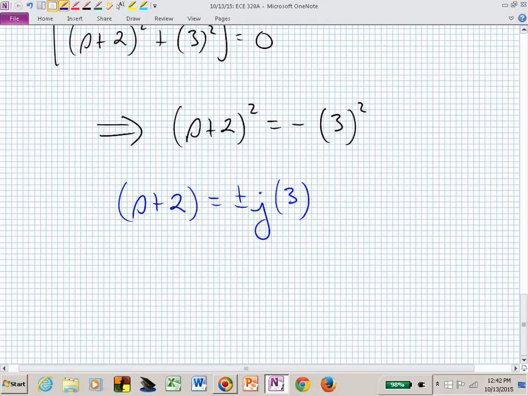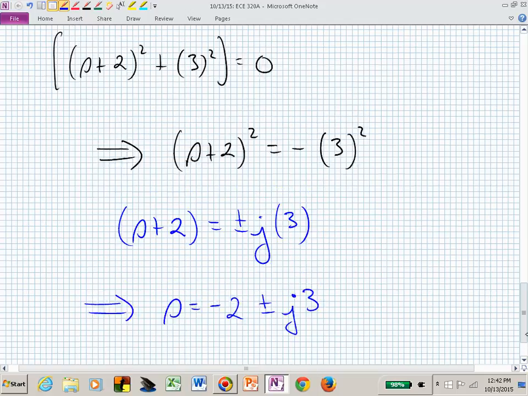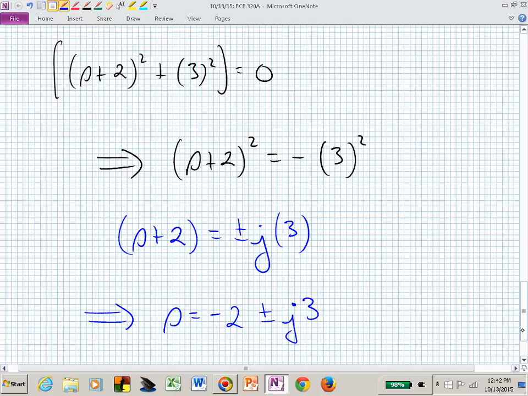And now we can find those values of s that are not real. They are complex that cause that to vanish. We just subtract 2 from both sides. And now do you see why I like to write that quadratic in that particular form? The minus 2 is right there.